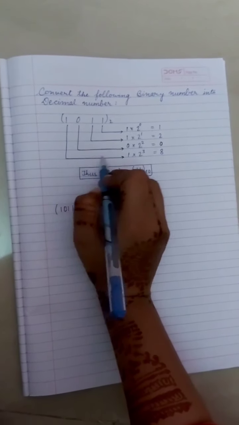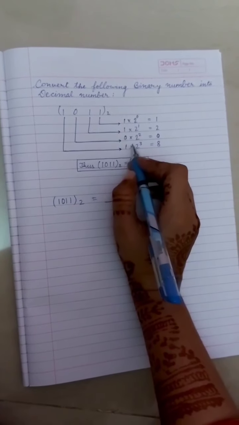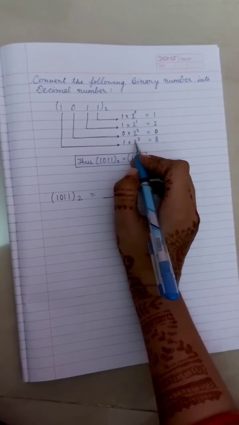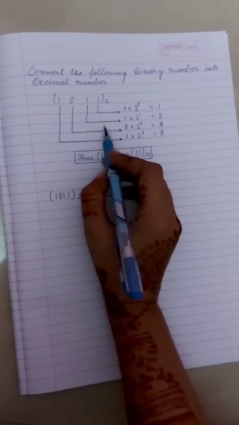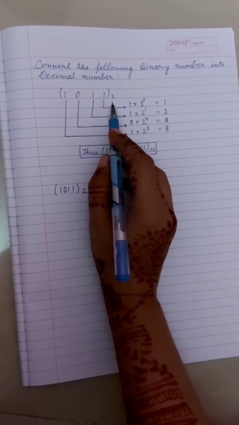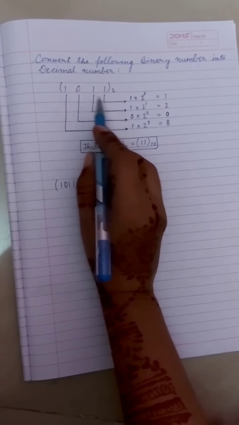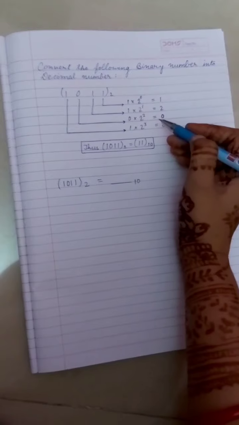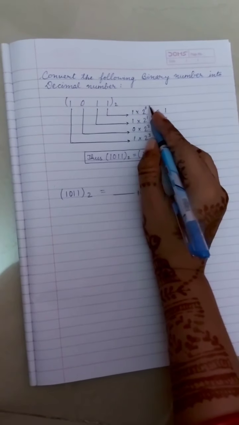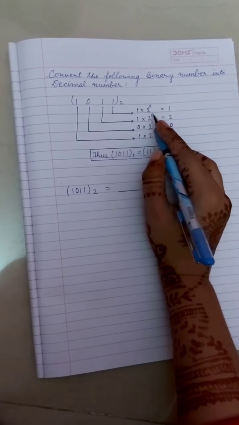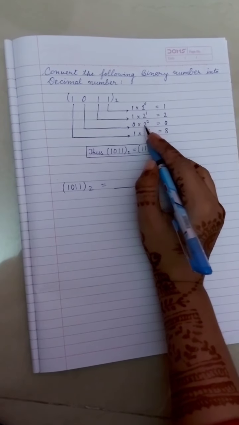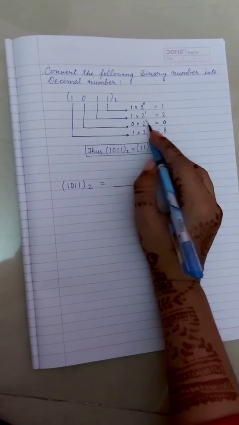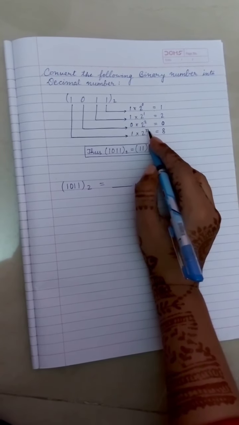The fourth digit is 1, so we will write here 1 into 2 raised to 3. So from right to left, when we move through the digits, the weights of 2 go on increasing. This is 2 raised to 0, 2 raised to 1, 2 raised to 2, 2 raised to 3.